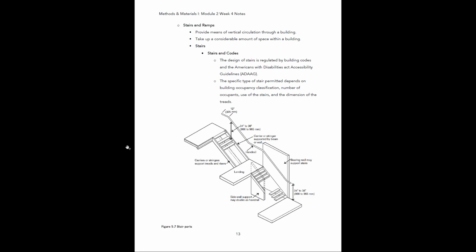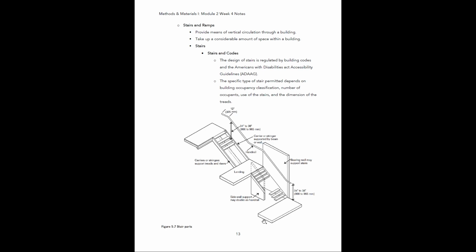All right, if we look at this diagram here, this basically just shows some basic stair parts. So hopefully you guys are familiar with most of these already, but if we take a look at this, we have our landings. Actually, the landing is the intermediate basically horizontal plane that exists between two runs of steps.